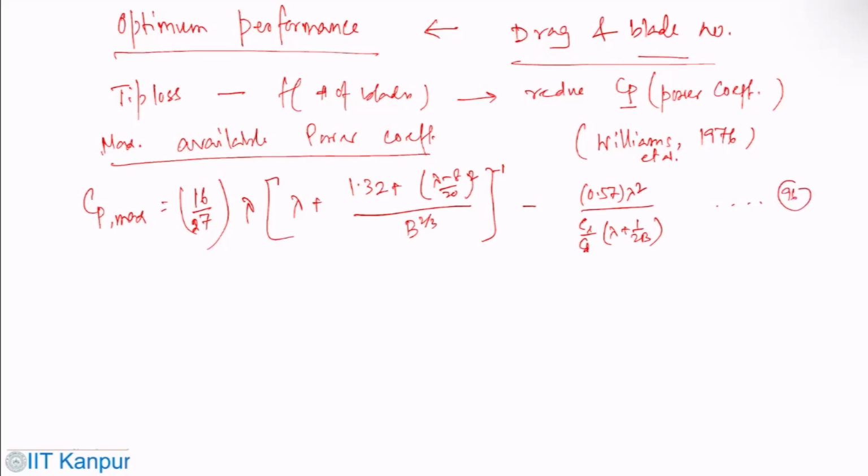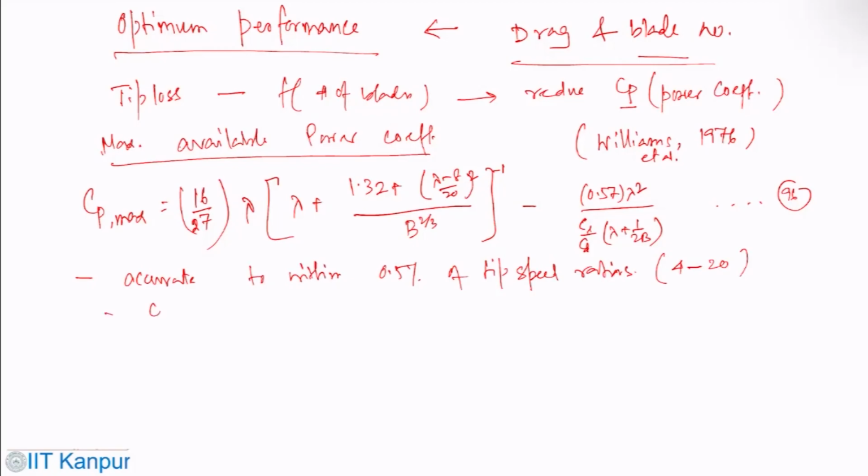So this data is quite accurate. This fit of the data is accurate to within 0.5% for tip speed ratio ranging from 4 to 20.